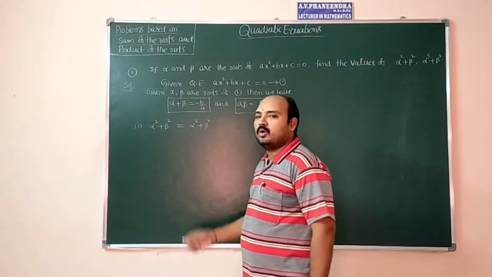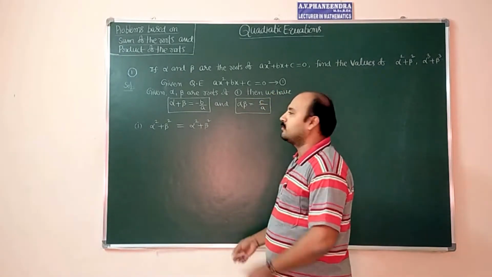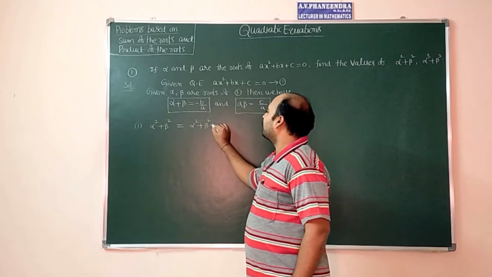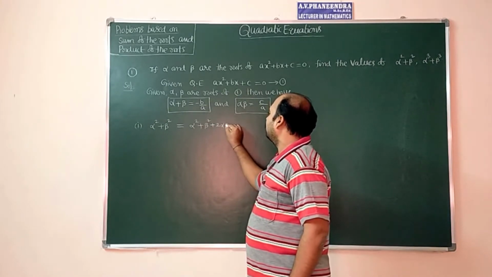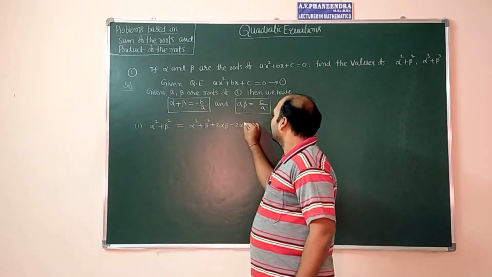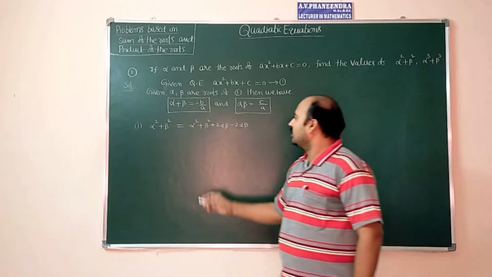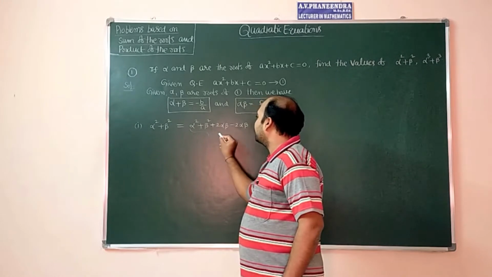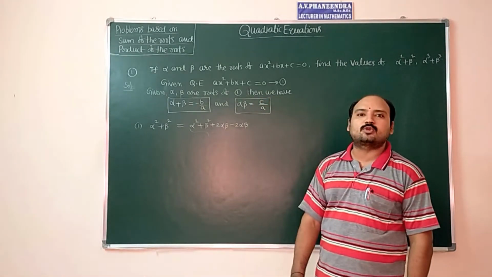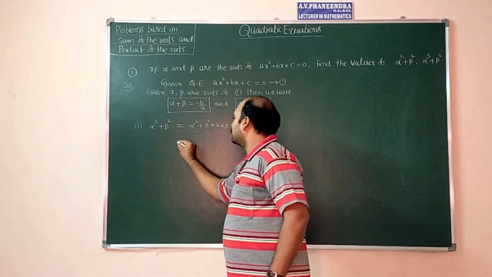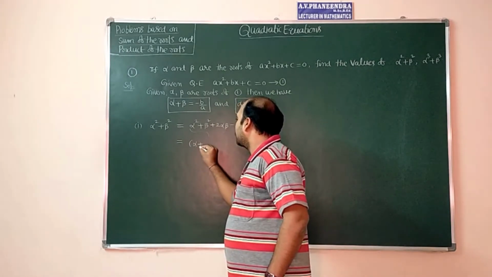Before going into how we are making this form, just observe here: adding and subtracting 2 alpha beta. The first 3 terms are the expansion of alpha plus beta whole square.